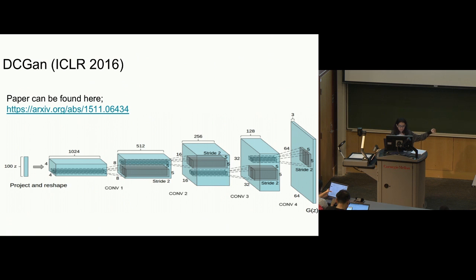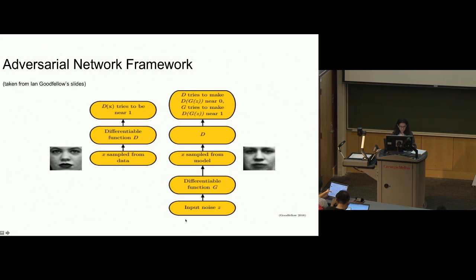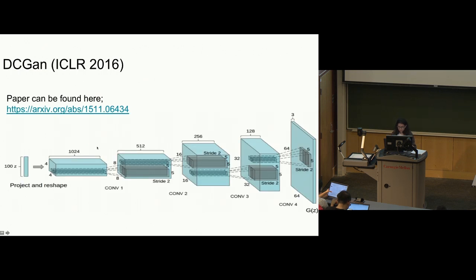In the slide, I have only attached the generator part of the architecture. It first takes a 100-dimensional z, which is the input noise z, and the architecture projects it into a convolutional representation with many feature maps.